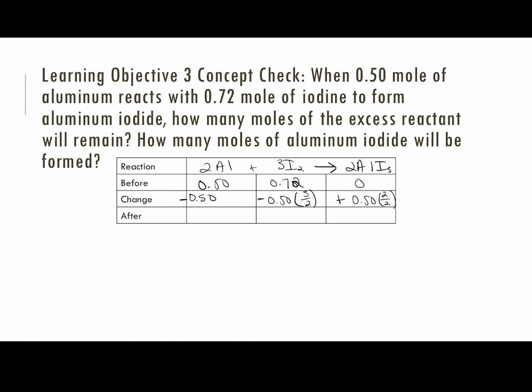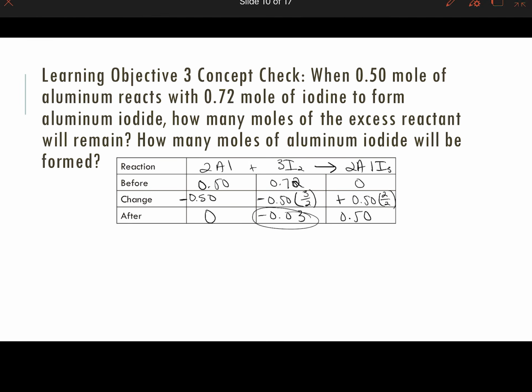And what we get is a 0 here. 0.72 minus 0.5 times 3/2 gives us negative 0.03, and then we get 0.50 here. Because this is negative, I chose incorrectly. So we know that our aluminum isn't our limiting reagent, it's in fact our iodine.